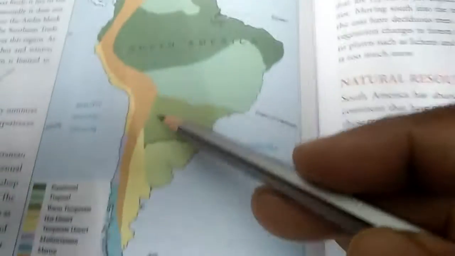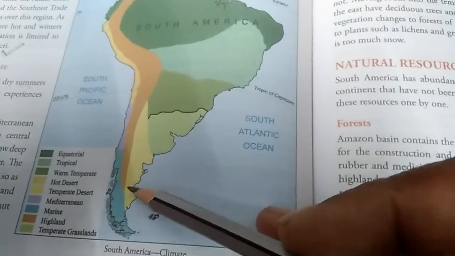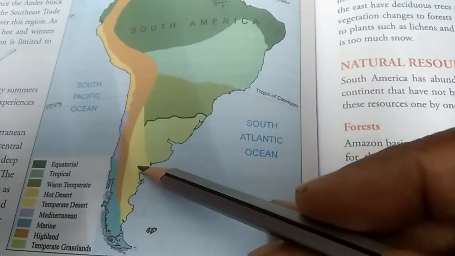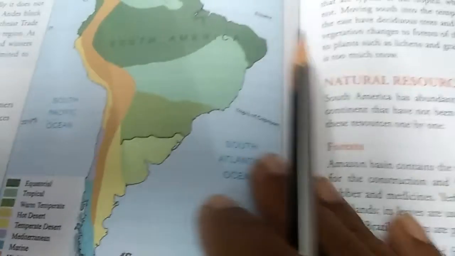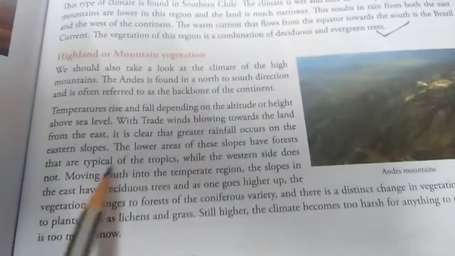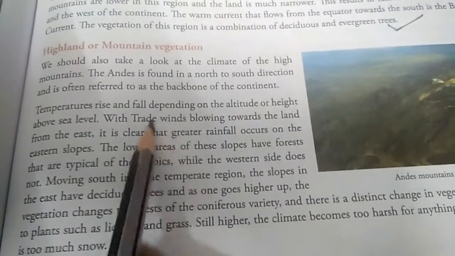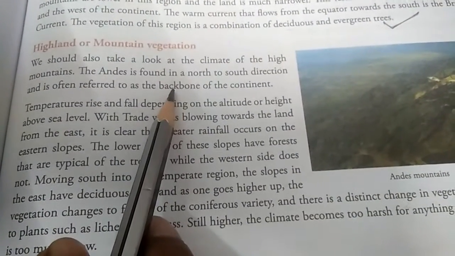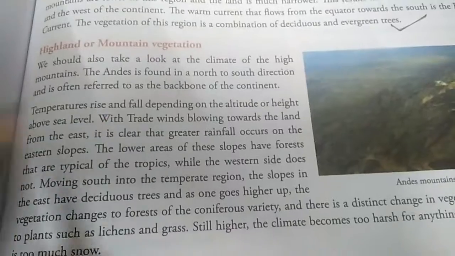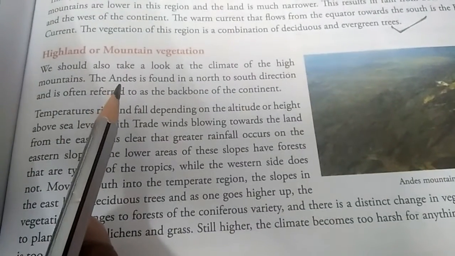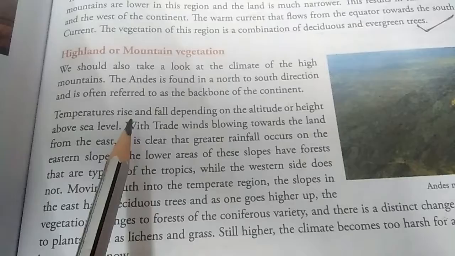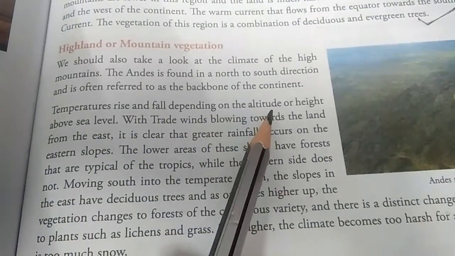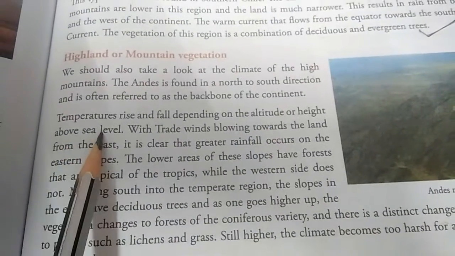So this is called the backbone of the continent. Very important from an economic point of view and from a climate point of view also. That is why it is called the backbone, and it is one of the lengthiest mountains in the world, the Andes. Temperature rises and falls depending on the altitude or height above sea level.